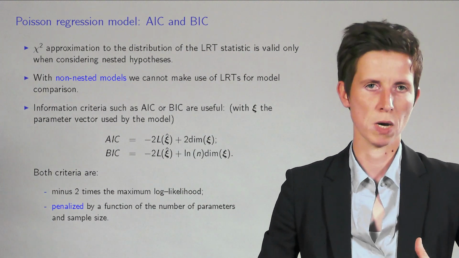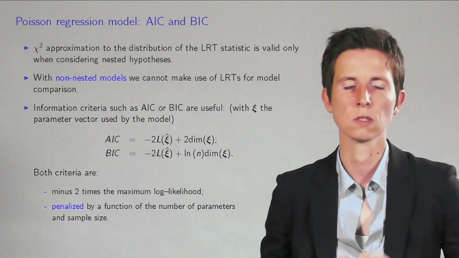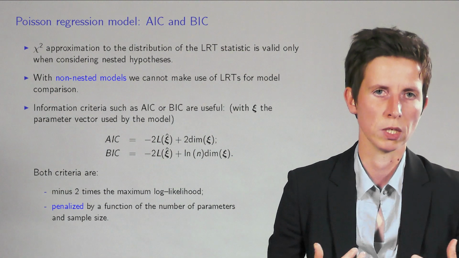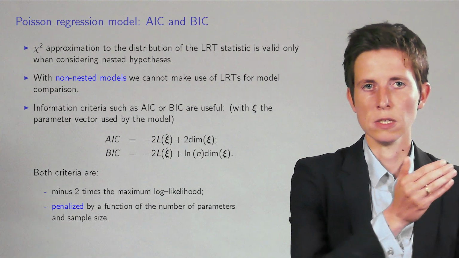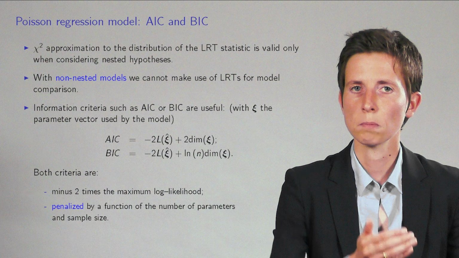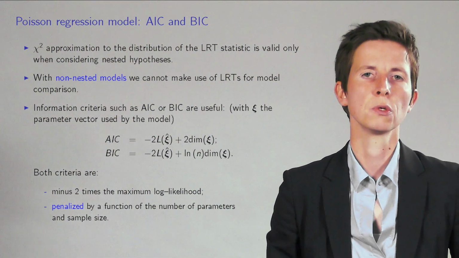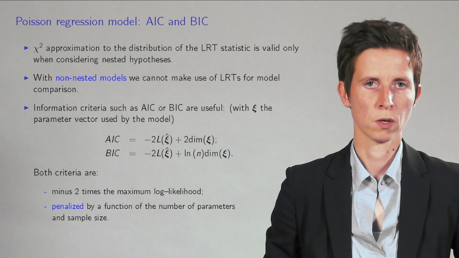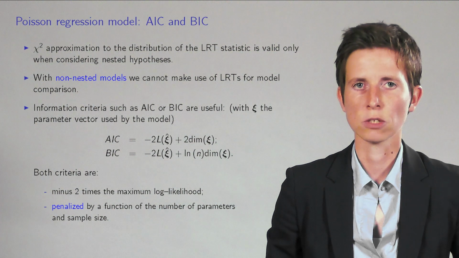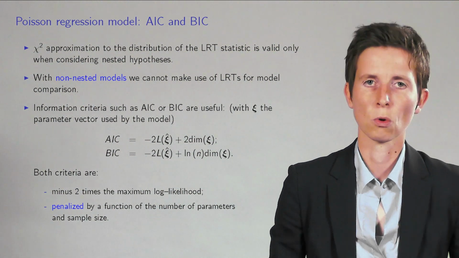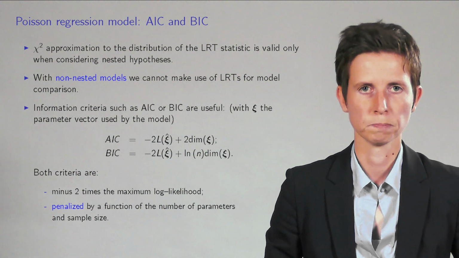With non-nested models, we cannot make use of likelihood ratio test statistics for model comparison or model selection. Information criteria, like the Akaike information criterion or the Bayesian information criterion, are then useful to compare regression models. You know that we defined these information criteria in traditional courses on econometrics where linear regression models are covered.